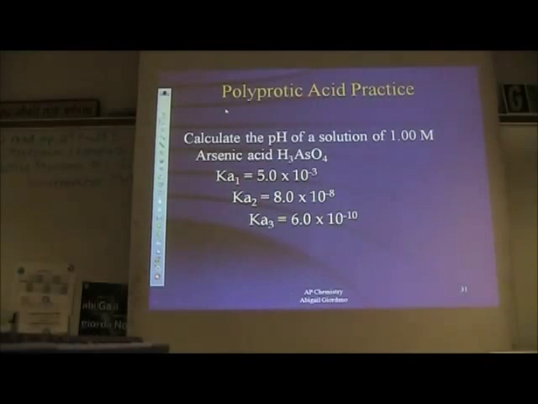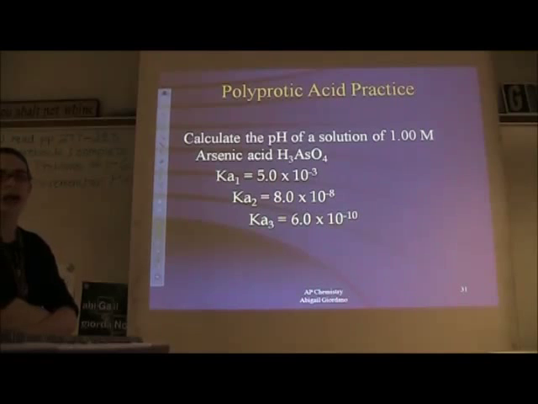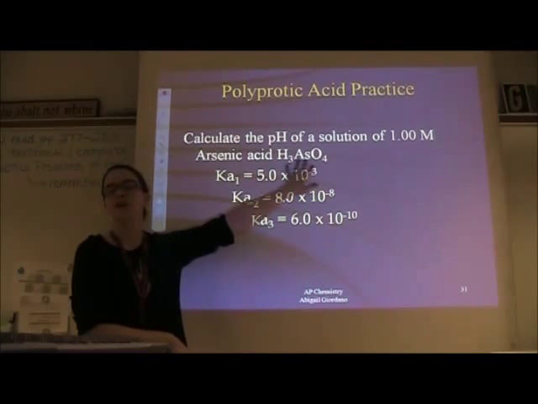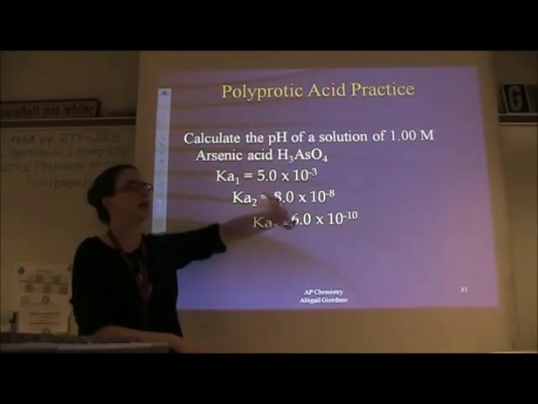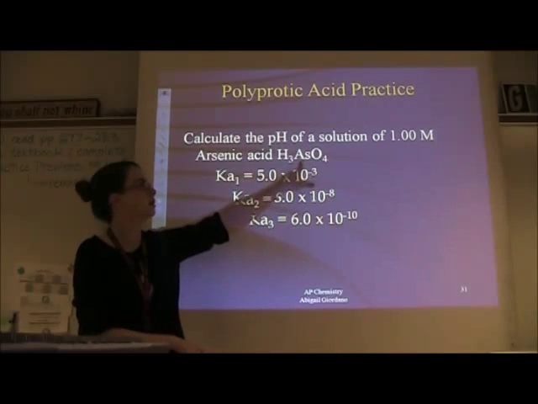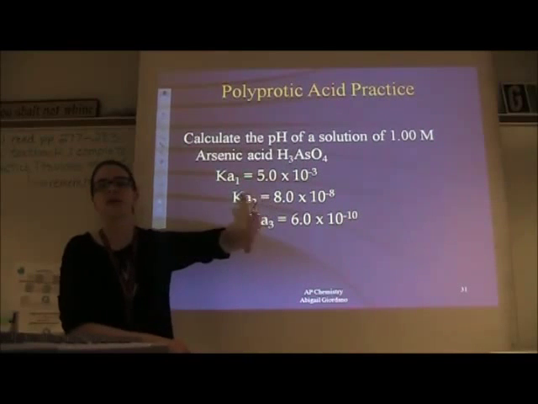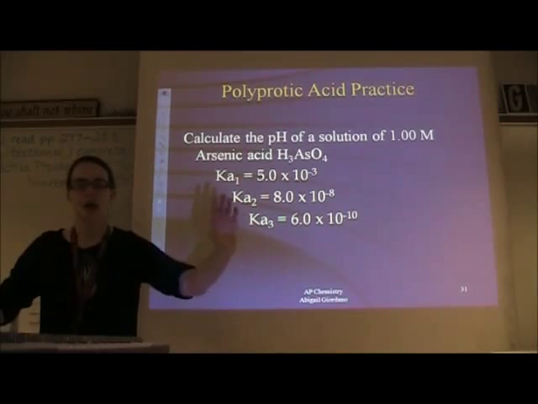Now, let's do a polyprotic example. It says, calculate the pH of a solution of 1 molar arsenic acid. First things first, before you do any problem in chapter 14 or 15, strong or weak? Weak. Anything weak is going to need what to solve it? An ice table.